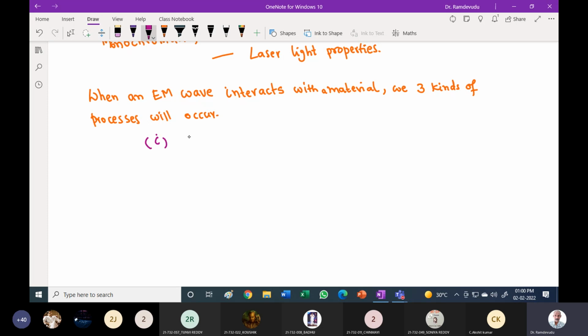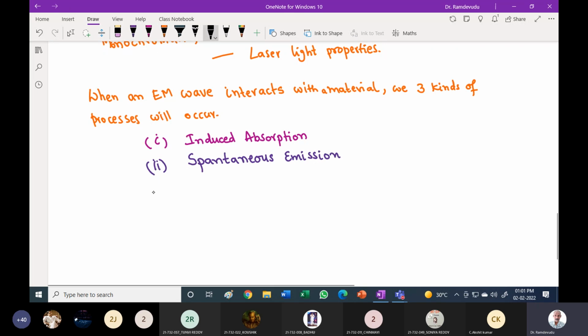First process is called induced absorption, or simply it is also called absorption. The second one is called spontaneous emission.